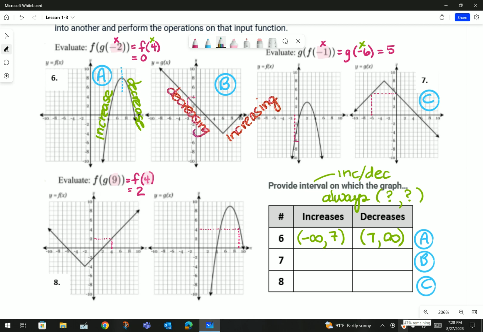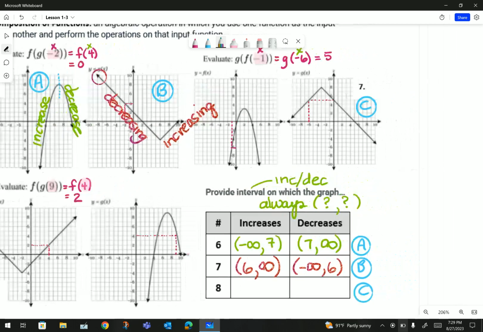So we went from the left, this is left, which is negative infinity, all the way to 6. Whoops, wrong side, it's decreasing. So from negative infinity to 6, it was decreasing. And then increased from 6 to positive infinity.